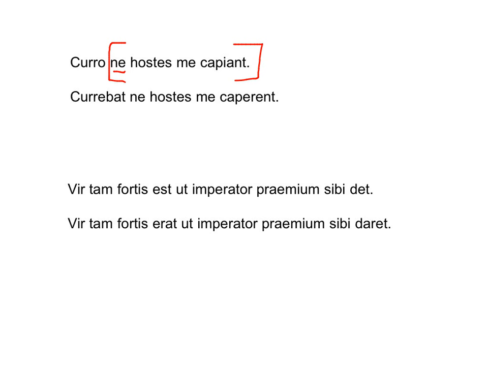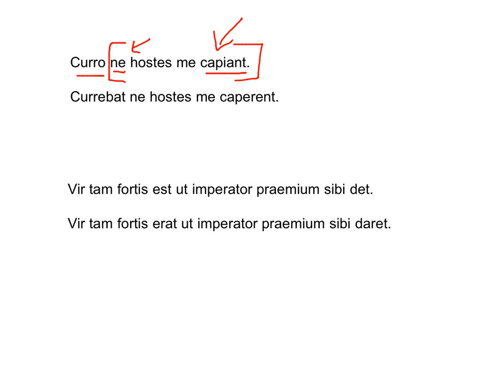Notice also the verb curro is present tense, "I run," and then the verb inside of the clause is in the present subjunctive. So present tense main verb, present subjunctive. This says, "I run so that the enemies do not capture me." Notice the ne here just negates the verb capture.